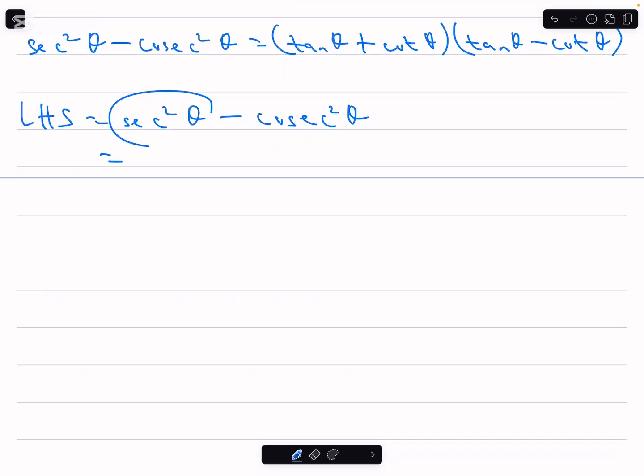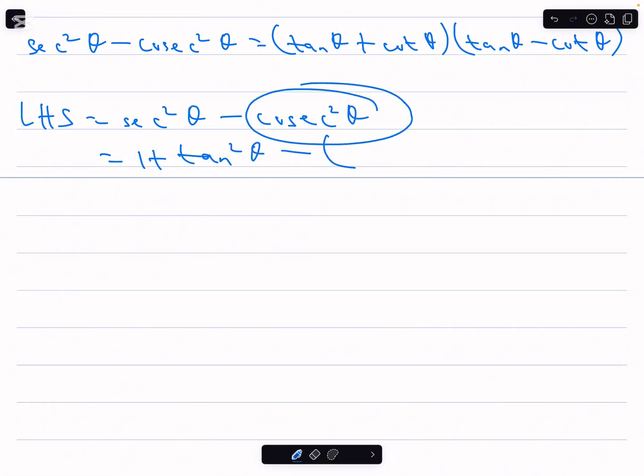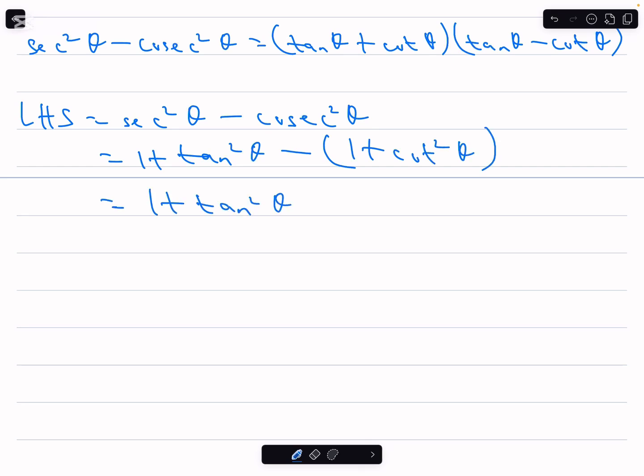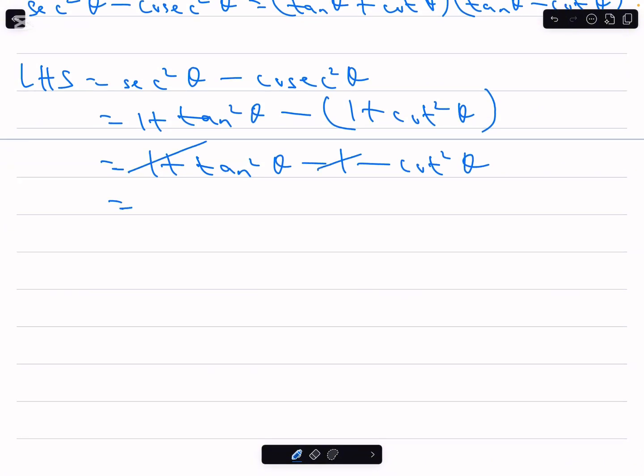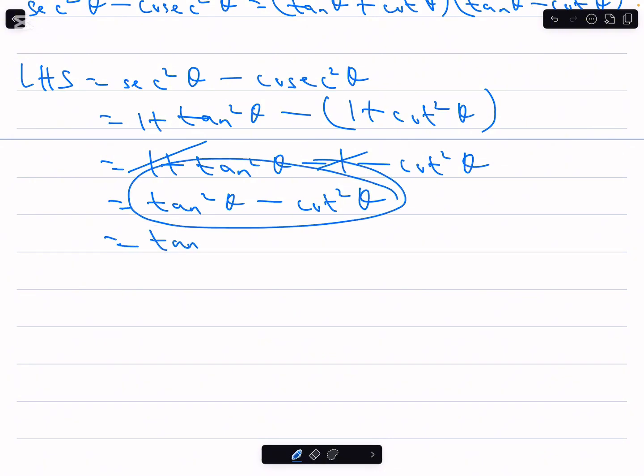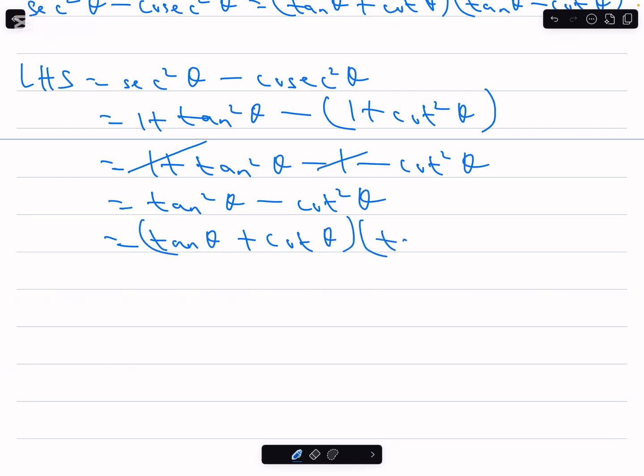So that will be equal to sec squared theta is 1 plus tan squared theta minus cosec squared theta is 1 plus cot squared theta, and that will be equal to 1 plus tan squared theta minus 1 minus cot squared theta, and that means 1 minus 1 is 0, so we are left with tan squared theta minus cot squared theta, which is a difference of two squares, and that simply means tan theta plus cot theta times tan theta minus cot theta, which is the right hand side.